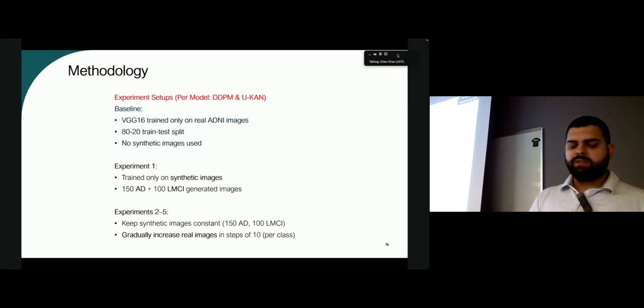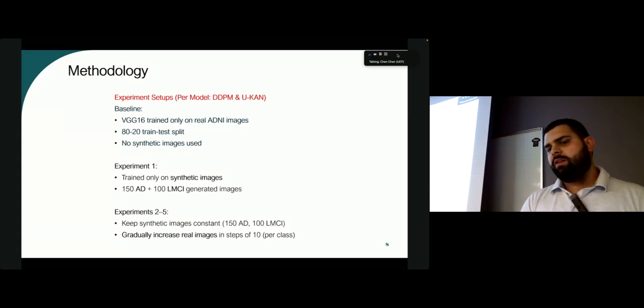So for example, the second experiment was trained with 90% synthetic images and 10% real images, and by experiment 5, it was 50% real images and 50% synthetic images. I did this to really compare and see whether the synthetic images improve the performance of the model or not.